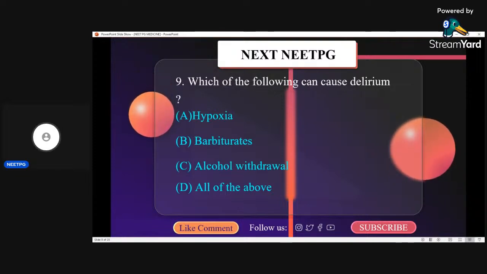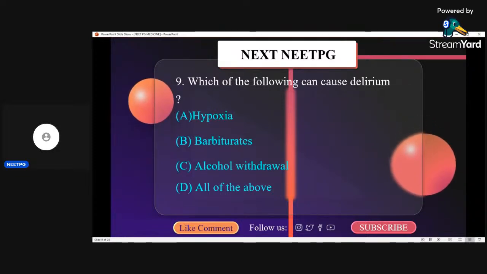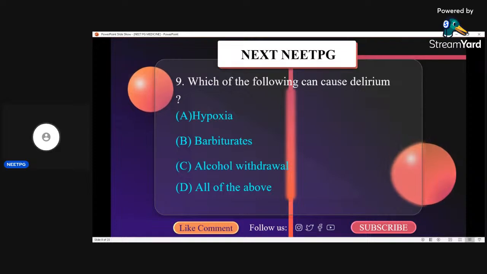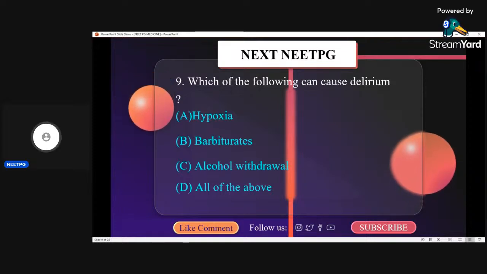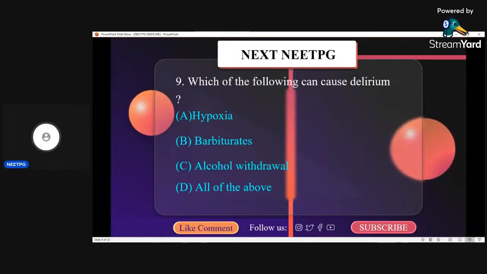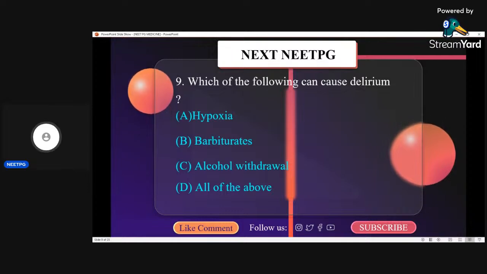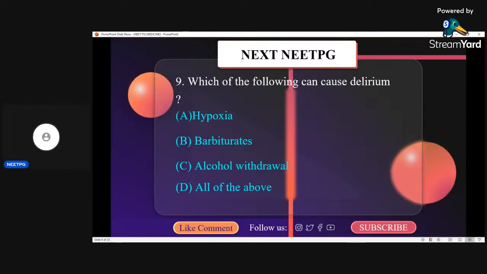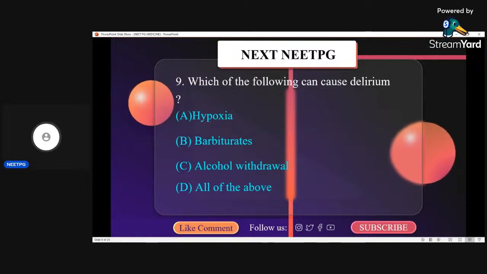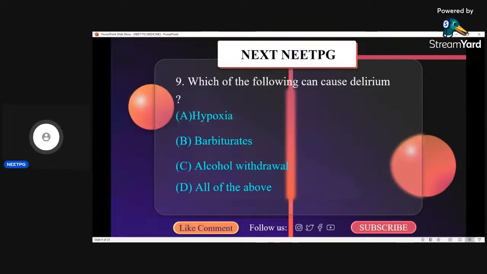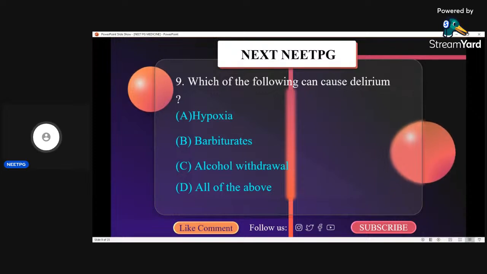So the things that can cause delirium are trauma, head injury, subdural hematoma, infection, septicemia, pneumonia, endocarditis, metabolic causes, hypoxia, hypercapnia, uremia, congestive heart failure, hepatic failure, porphyria, metabolic acidosis or alkalosis, water imbalance. Then endocrine: hypo or hyperpituitarism, hypo or hyperthyroidism, hypo or hyperparathyroidism.